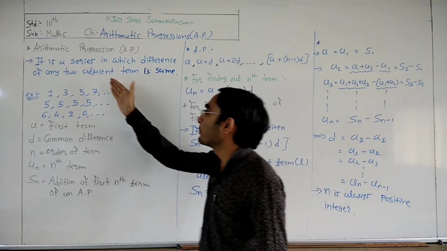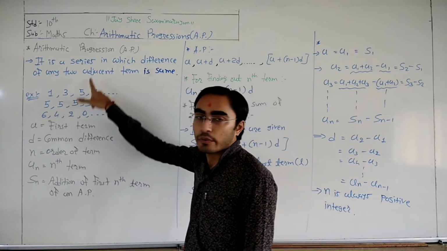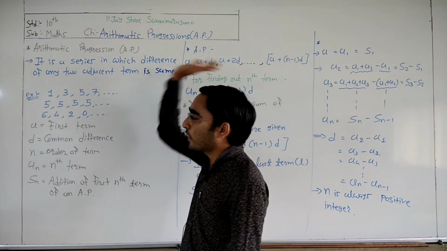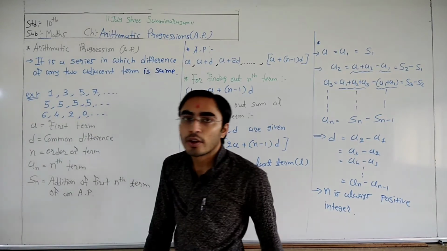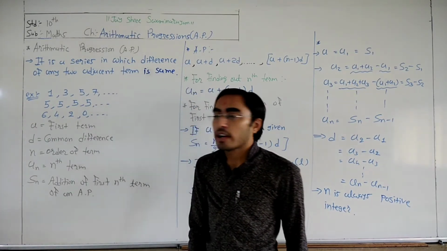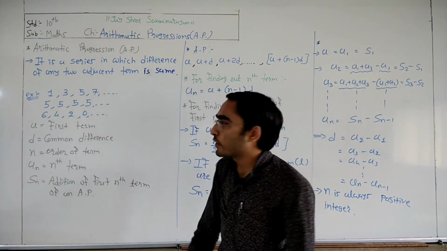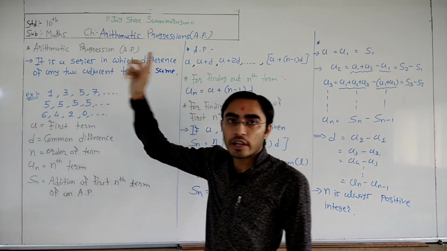For example, here is a series: 1, 3, 5, 7, 9, 11, continuing infinitely. This is the series of odd positive integers.